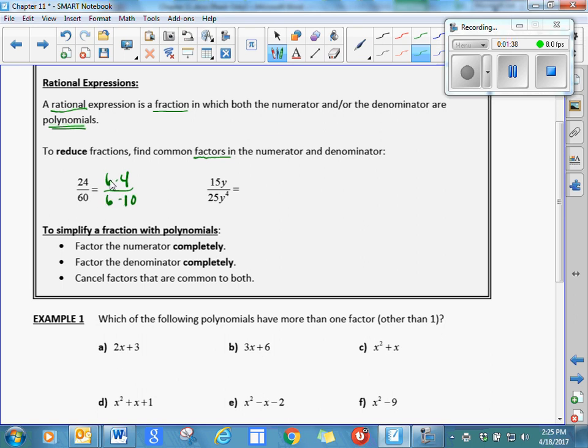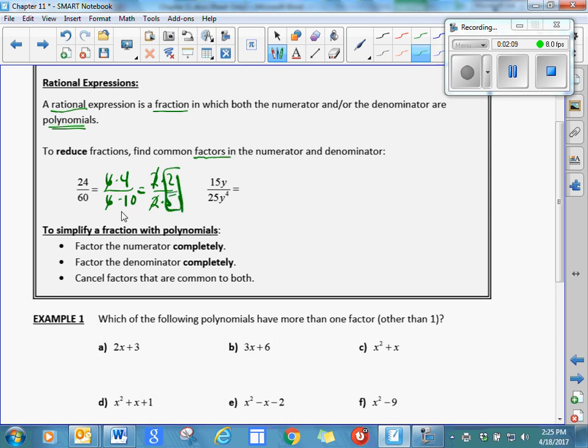And then I know anything divided by itself is 1. So this is really just another form of 1, and they will cancel. Now I'm left with 4 and 10, and I see I really haven't simplified this all the way down because I can think of 4 as the product of 2 and 2, and 5 times 2 will give you the product 10. And again, the 2's will cancel because anything divided by itself is 1, and your final answer is going to end up being 2 divided by 5.